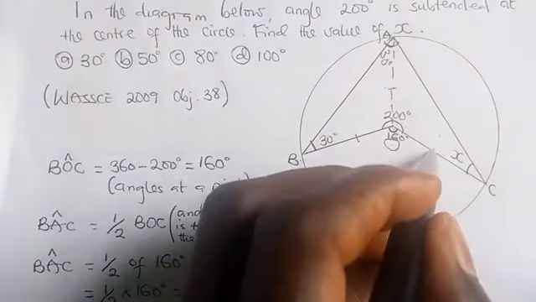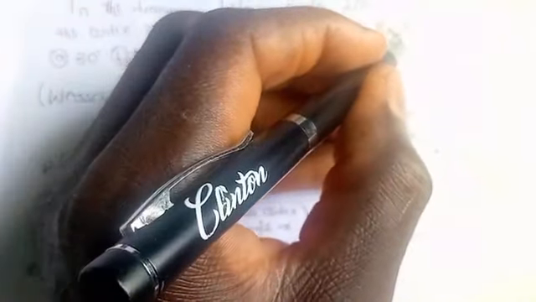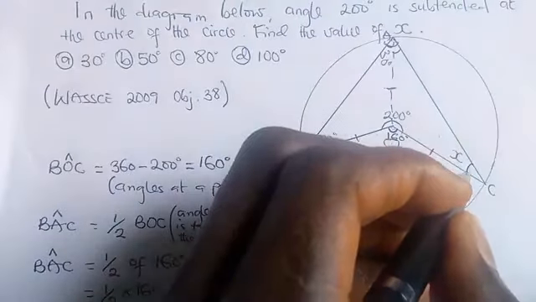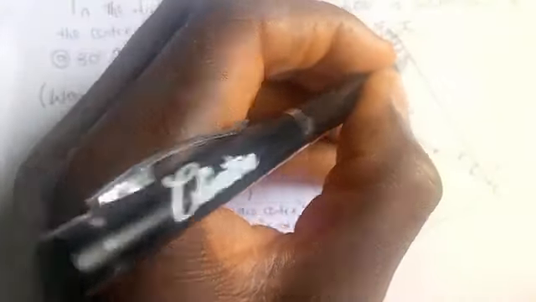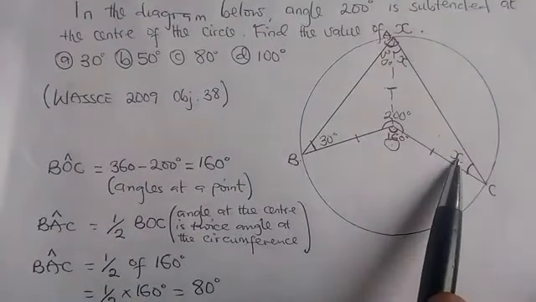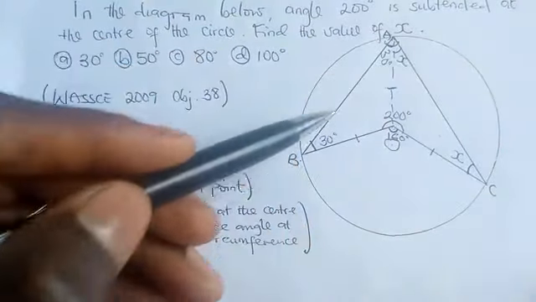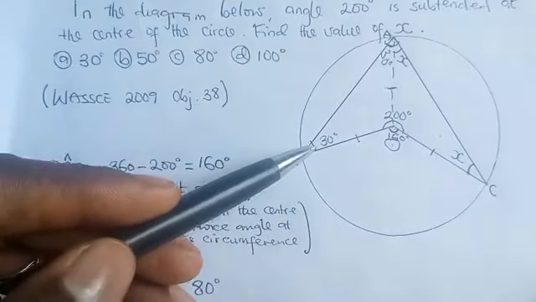And if the lines here are equal, the base angles here and here will be equal, implying that here too is x. So this angle here is x, this angle here is also x, just as this angle is 30 degrees because here is also 30 degrees.